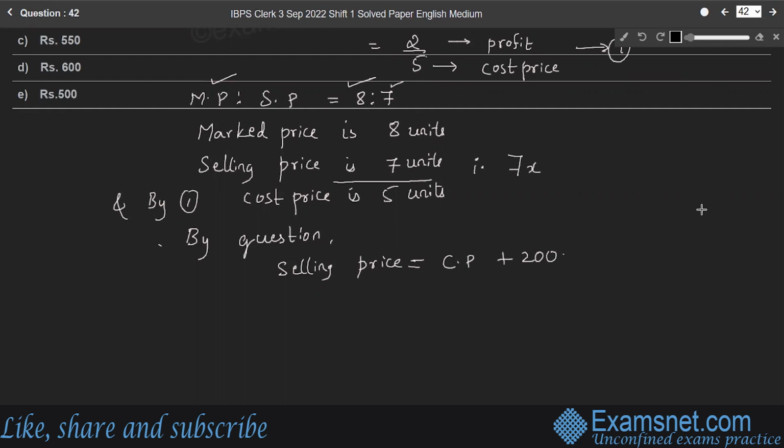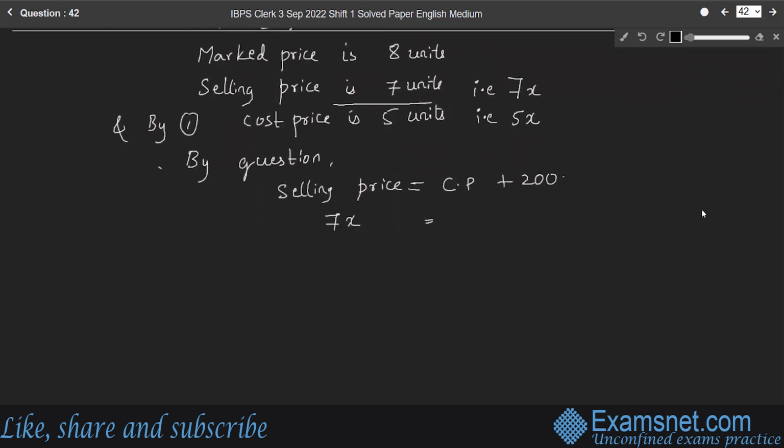Since cost price is 5 units, we can write cost price as 5 into x. So 7x equals 5x plus 200. Therefore, 7x minus 5x, 2x is equal to 200. Therefore, x is equal to 100.